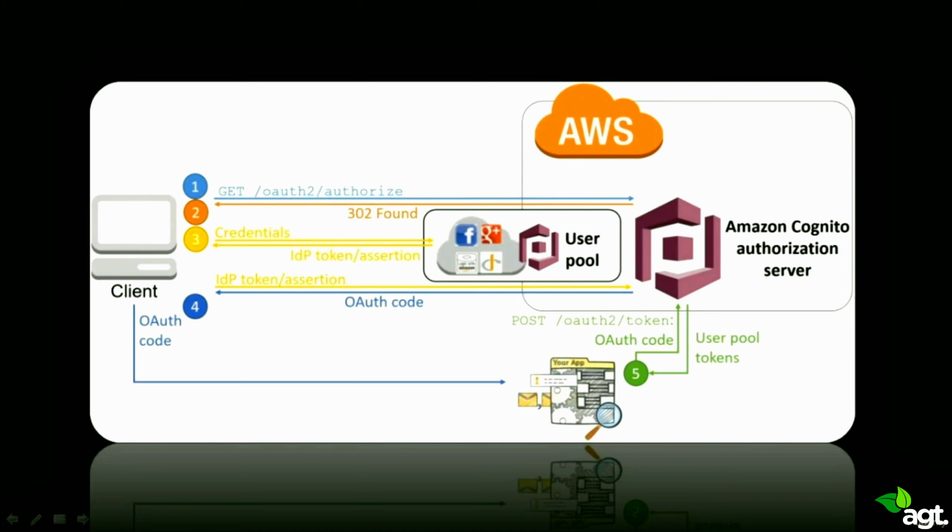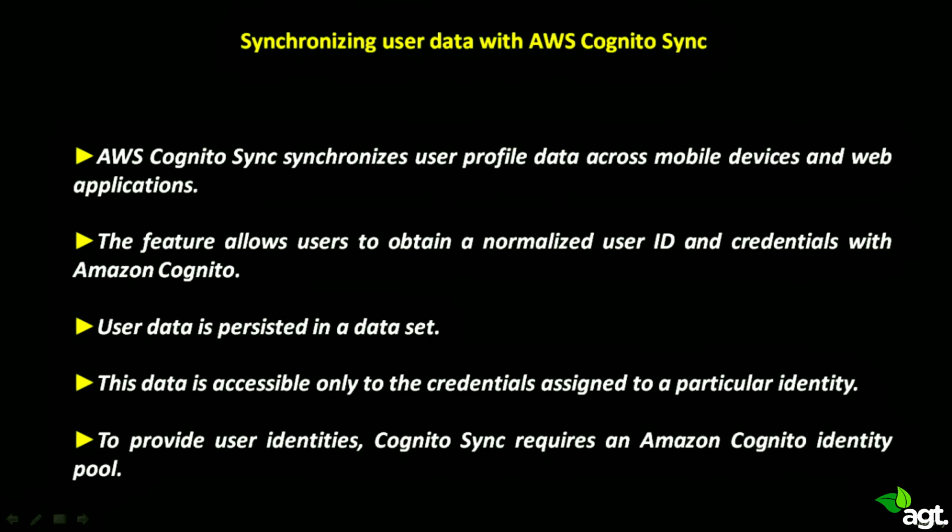And synchronizing user data with AWS Cognito Sync. So AWS Cognito Sync synchronizes user profile data across mobile devices and web applications. The feature allows users to obtain a normalized user ID and credentials with Amazon Cognito. The service supports both Android and iOS devices with high-level client libraries that cache users' data locally.